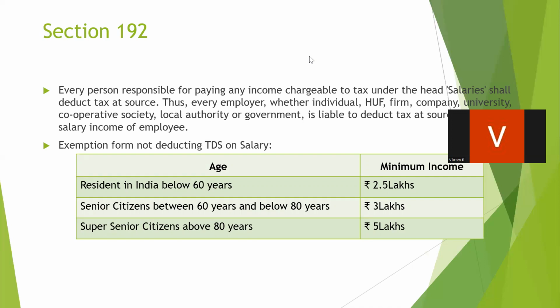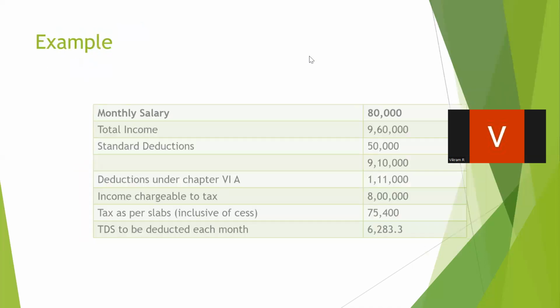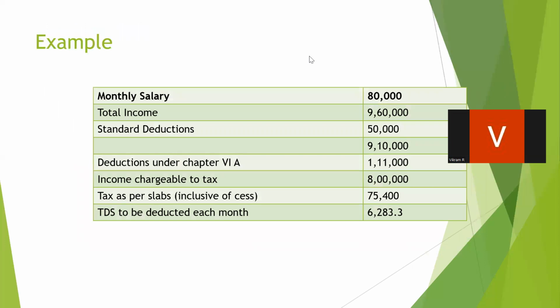So, for example, a person is earning a monthly salary of 80,000. The total income comes to 9,60,000. After deducting the standard deduction of 50,000, it comes to 9,10,000, and after deducting the deductions under Chapter 6A, the income chargeable to tax is 8 lakhs. As per the slab rates, the tax is 75,400.